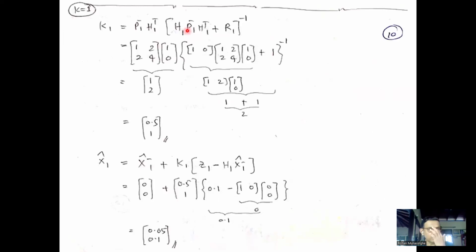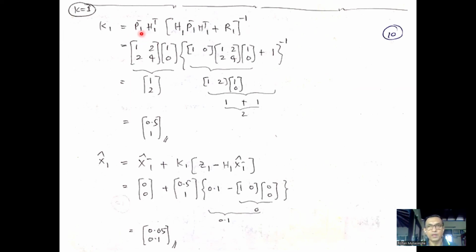Okay, now you are at k equals 1. So when you move from 0 to 1, right, you have to calculate the Kalman gain. This is the equation for Kalman gain, right? From the algorithm, you don't have to remember it. You can take it as it is.